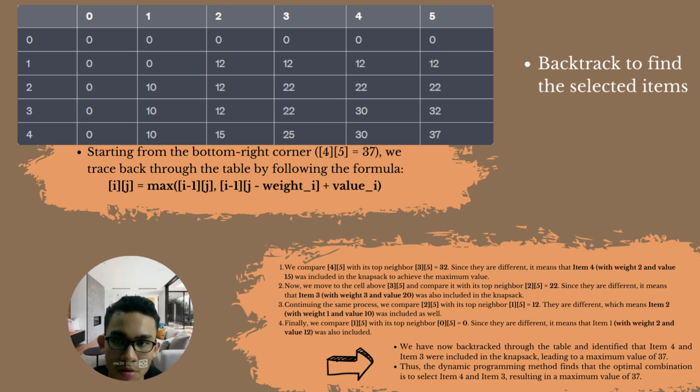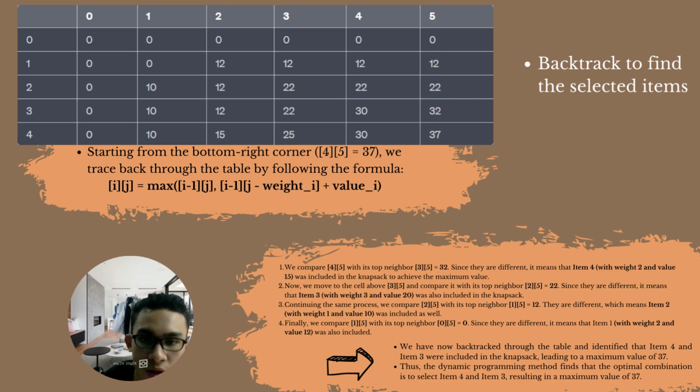Regarding the table above, starting from the bottom right corner, which is row 4 and column number 5, it contains the value 37. We trace back through the table by following the formula stated in the previous slide. Here are the steps of the backtracking in dynamic programming.